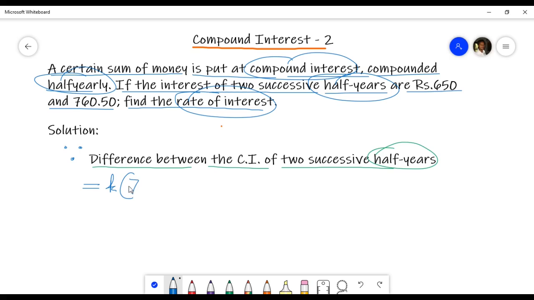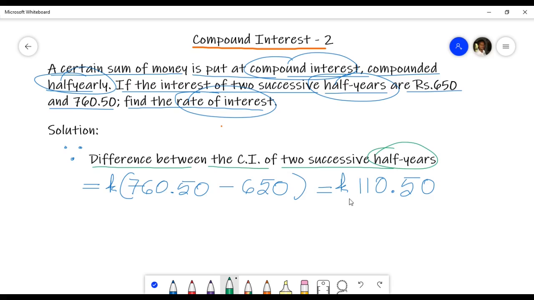Here we have 760 rupees and 50 paise minus 650 rupees. When we subtract this, we will get the difference as rupees 110 and 50 paise. 110 rupees and 50 paise is the difference between the compound interest of 2 successive half years.